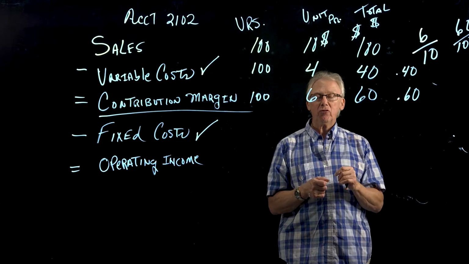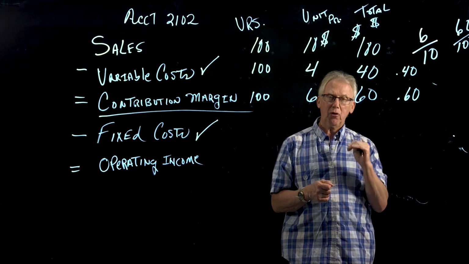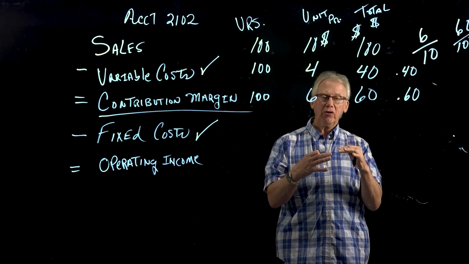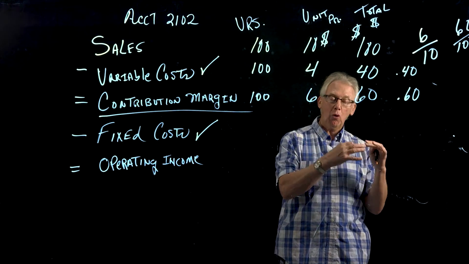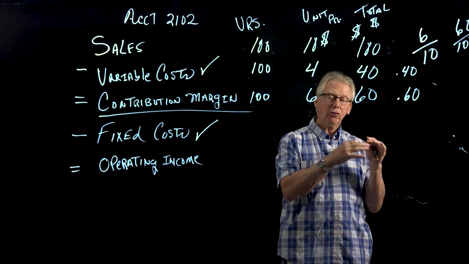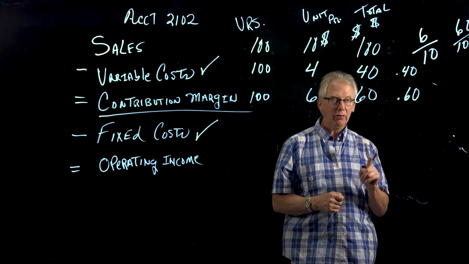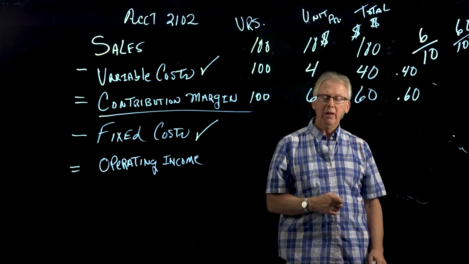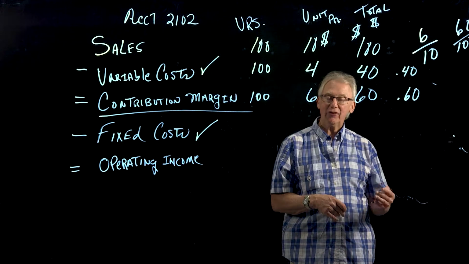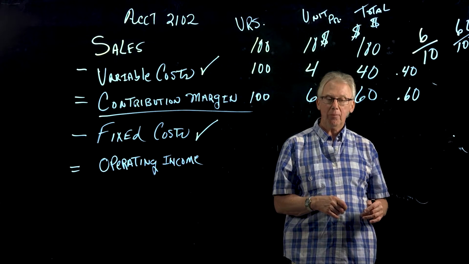And the contribution margin ratio is no more than the contribution margin unit price or total dollars over the sales unit price or total dollars. Keep that in mind, okay? Because that's an important equation or ratio that you have to know, the contribution margin ratio.